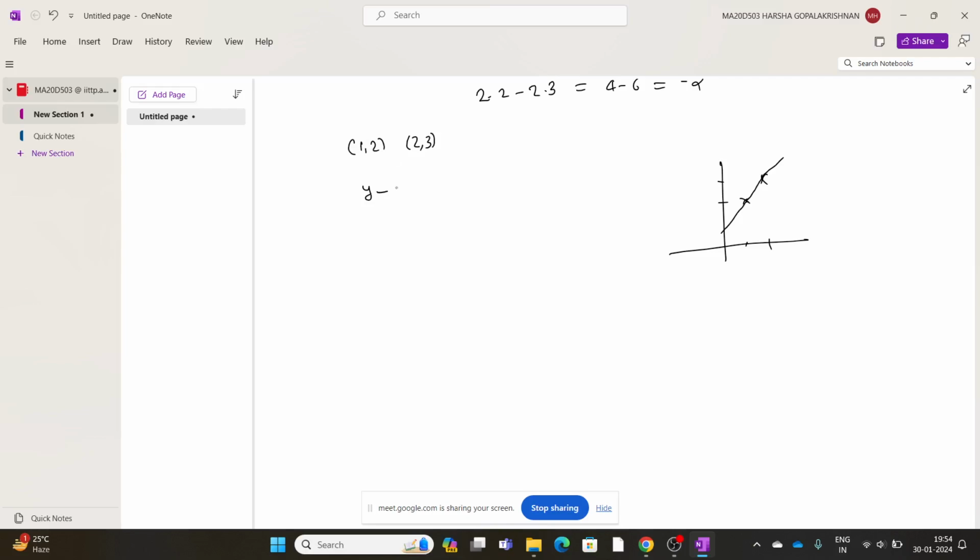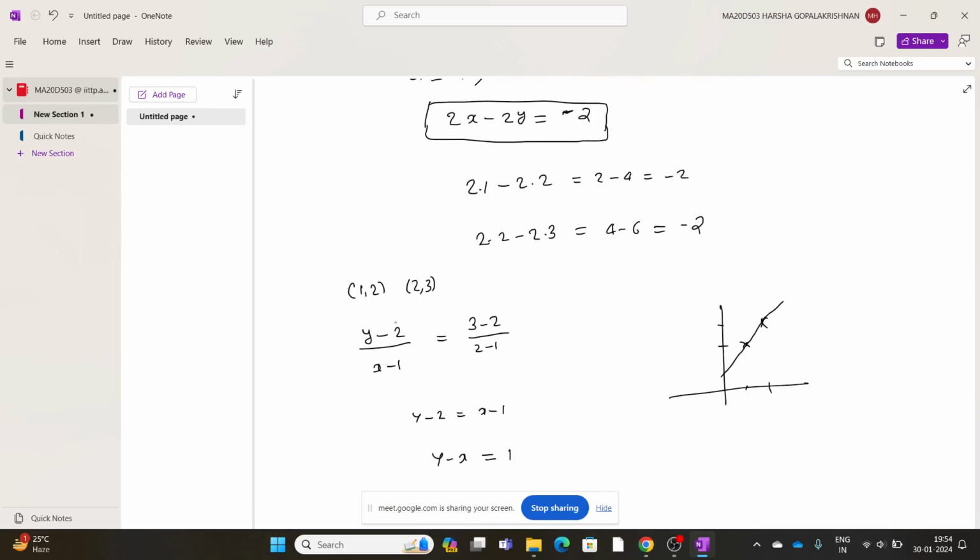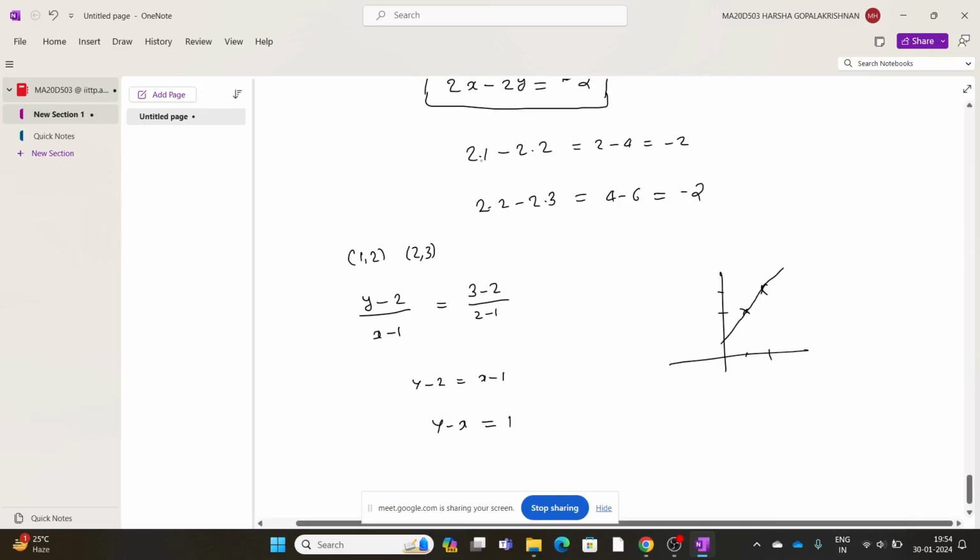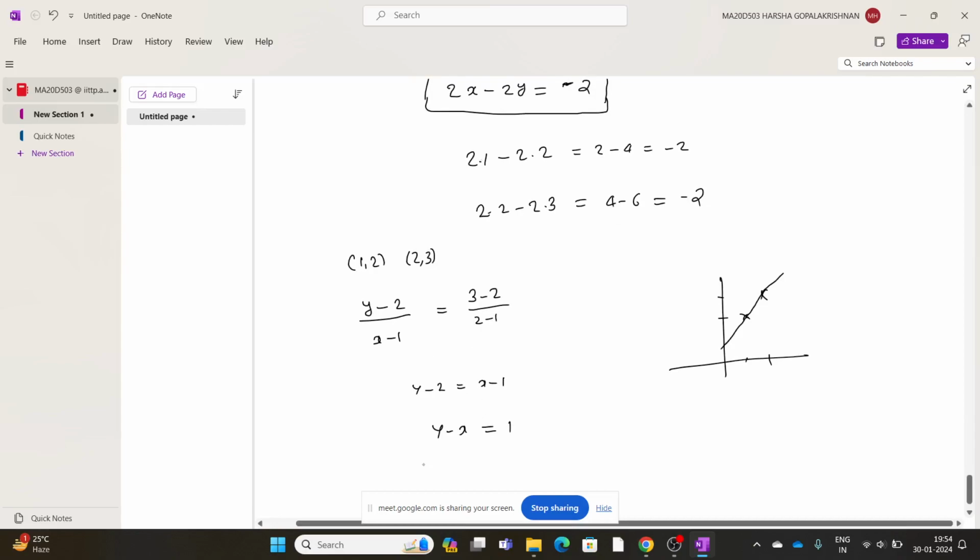Taking this as the first coordinate, y minus 2 by x minus 1 should be equal to (3 minus 2) by (2 minus 1). So y minus 2 should be equal to x minus 1, or y minus x equals 1. And from before we obtained 2x minus 2y equal to minus 2.